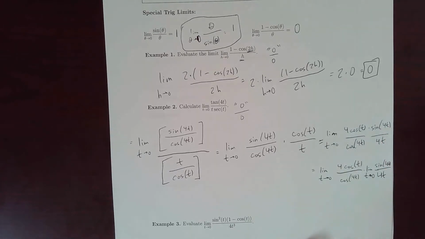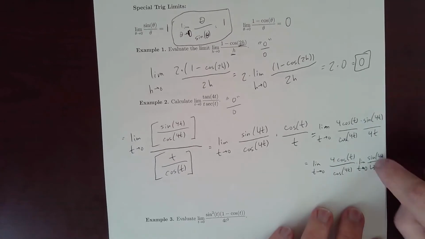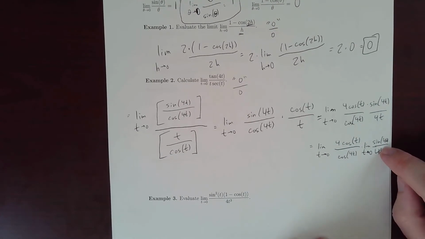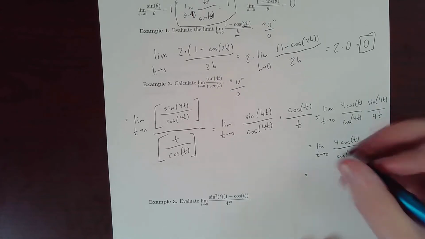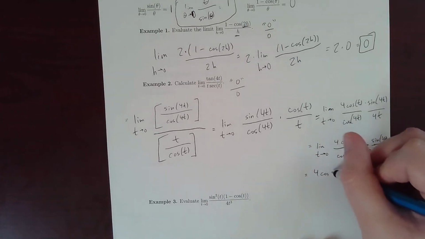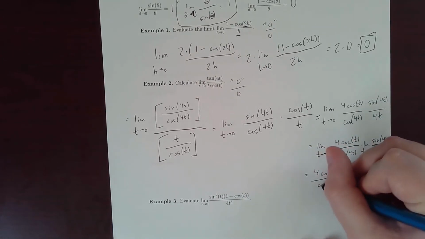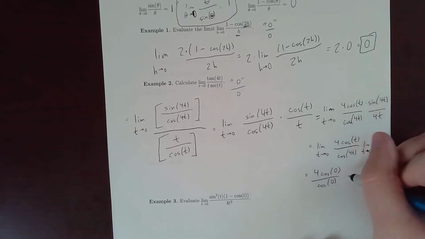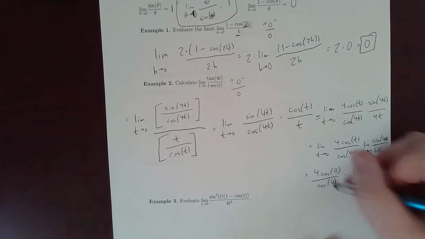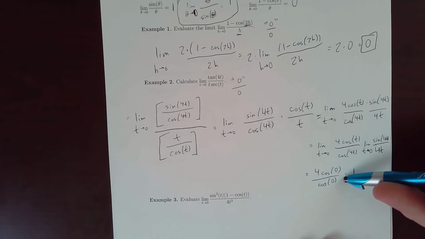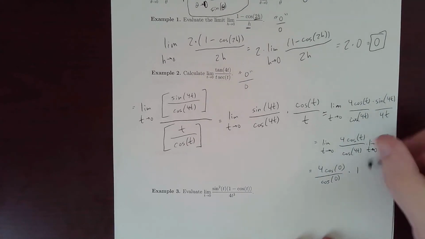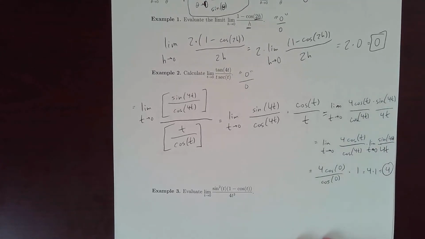So we can remove the limit, and this limit will become 1. And when we go to plug in 0 for t, we get 4 cosine of 0 over the cosine of 0 times 1. Remember that cosine of 0 is 1, so it's okay for us to cancel these out. And so we'll just get 4 times 1, or 4.